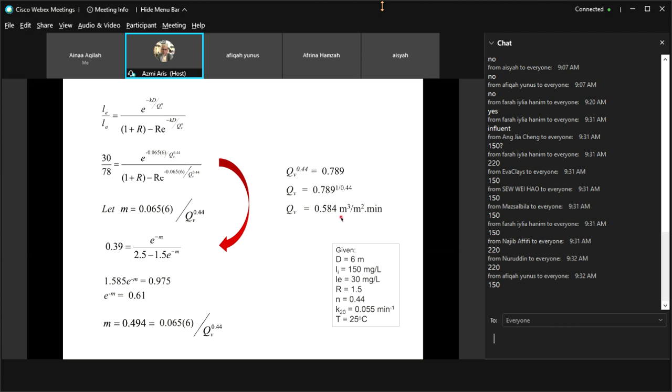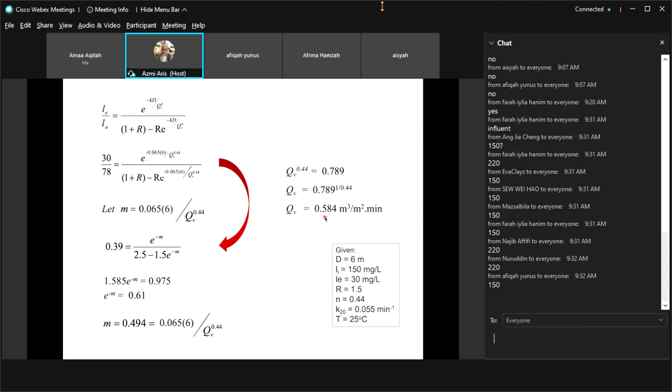So the answer is in meter cube per meter squared per time. It can be per minute, per hour, per day. But don't put the answer as meter per minute. That is wrong; the unit is not correct.